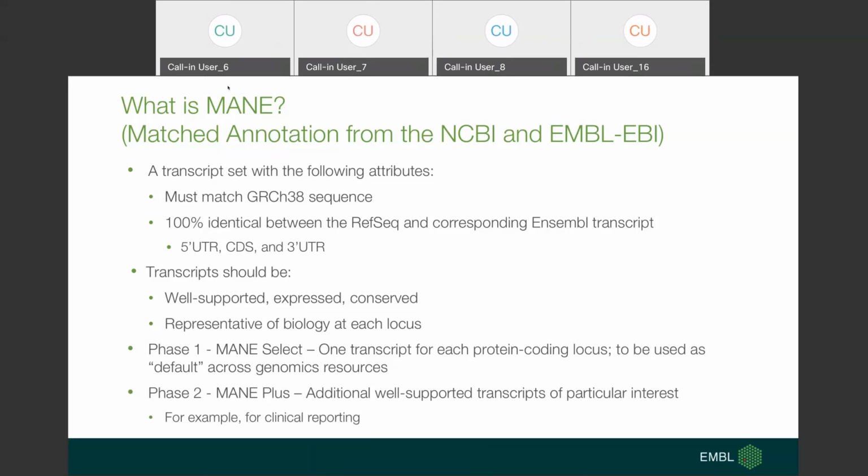And these are additional well-supported transcripts that are of particular interest. So for example, for clinical reporting, we know that there are some genes where you cannot report all the variants using one transcript. So it's useful to have additional ones that are well supported and are matched between the NCBI and the EBI.